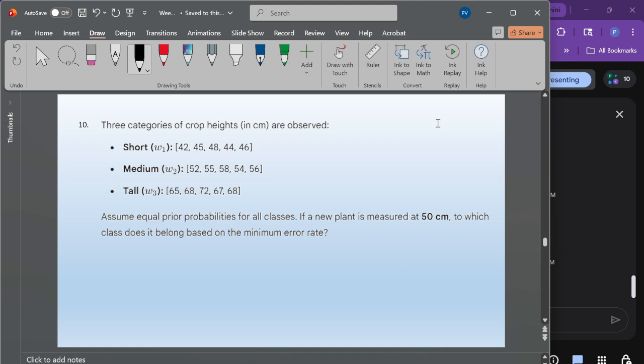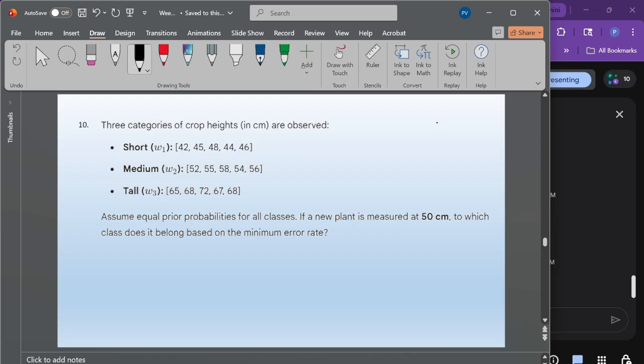So our next question is: three categories of crop heights in centimeters are observed. That is short, that is omega 1, medium, that is another class omega 2, and then another class is tall. The different heights, the data points, are also given.